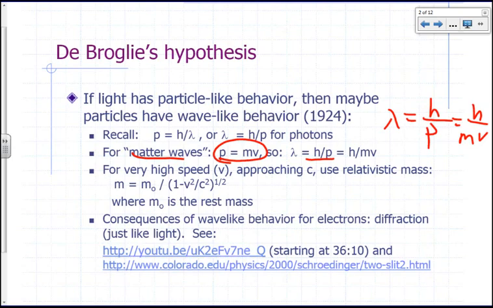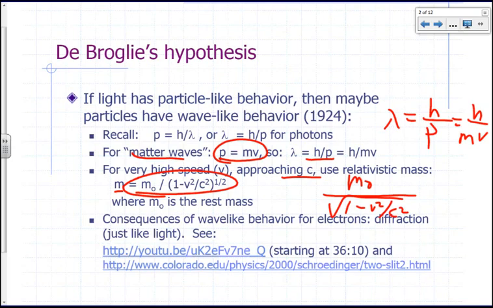Now, if you're dealing with very high speed particles approaching the speed of light, then you're going to have to use the relativistic mass. You have to replace the mass by m naught over the square root of 1 minus v squared over c squared. So you have to do the relativistic correction. m naught is the rest mass.